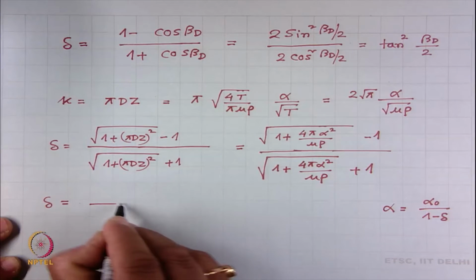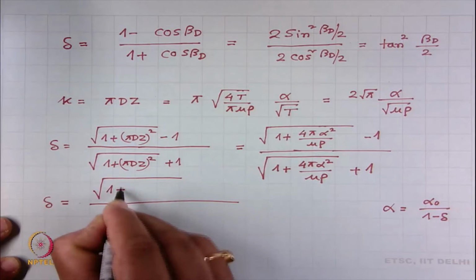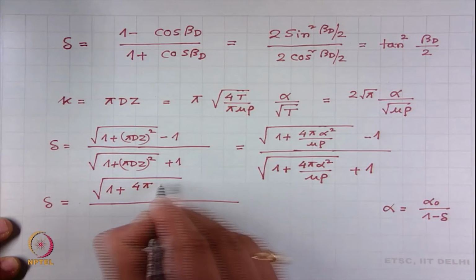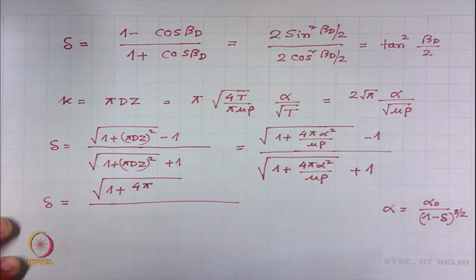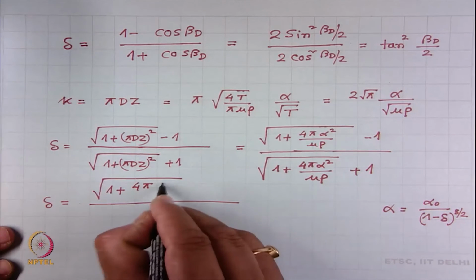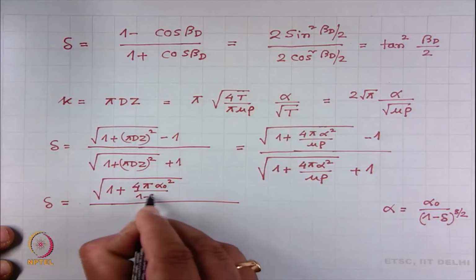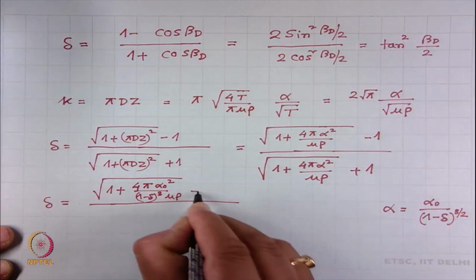Retraction, 1 plus 4 pi, sorry, it was 3 by 2, 4 pi squared, 1 minus cube mu rho minus 1.